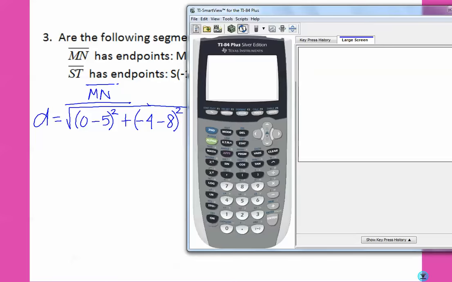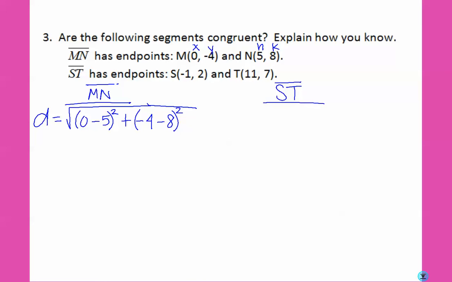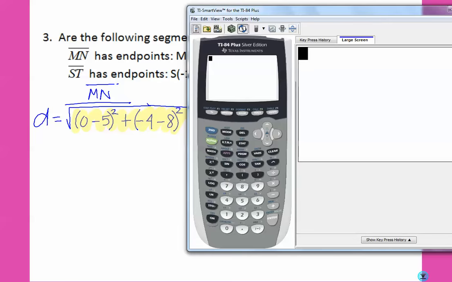So I'm going to type in what's under the radical, not the square root itself, just this part right here underneath the radical, just as I see it on my paper. So look what I'm going to type. Parentheses, 0 minus 5, close the parentheses, squared, plus parentheses, -4 minus 8, close parentheses, squared. So not the square root, just everything underneath it.